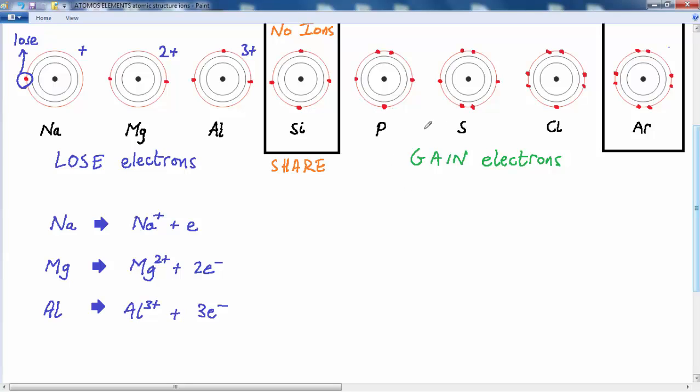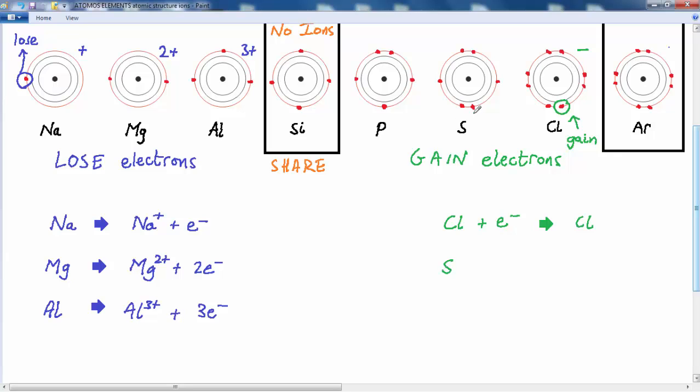Now going on to the non-metals, that's phosphorus, sulfur and chlorine, they're going to want to acquire electrons in order to complete this outer shell. For example, chlorine's got 7 electrons, all it needs is an extra electron. It gains that extra electron, so let's write out the ionization equation for this process. This time the electron goes on the other side of the arrow because chlorine is gaining an electron and forms Cl-. So this ion will have a negative charge. Sorry, I forgot to put the minus sign by the chlorine.